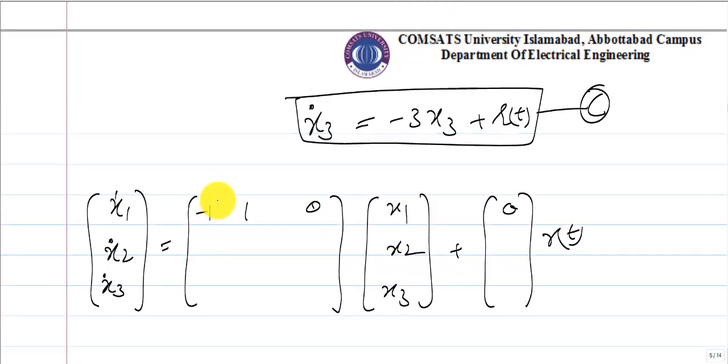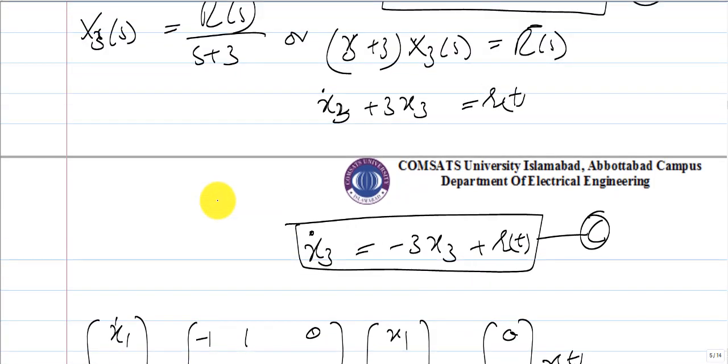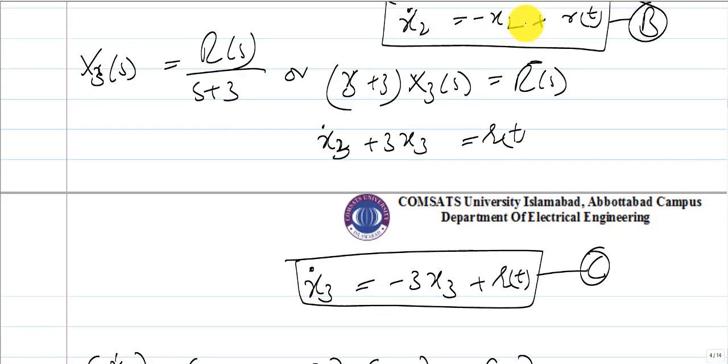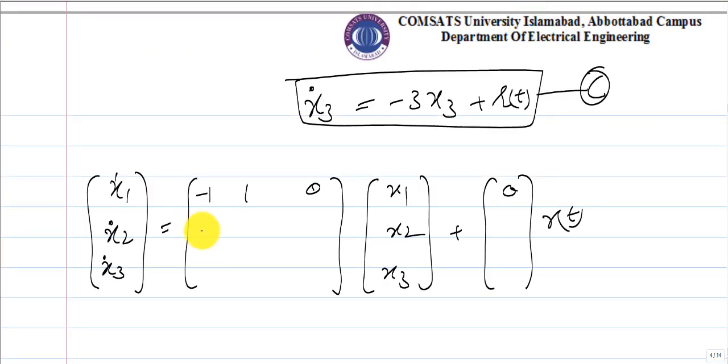From equation B, we can see X2 dot is only minus X2, so it will be 0, minus 1, and X3 is again 0, R of t is 1. Similarly, from equation C, we can write it as 0 X1, 0 X2, minus 3 X3, and 1 times R of t.